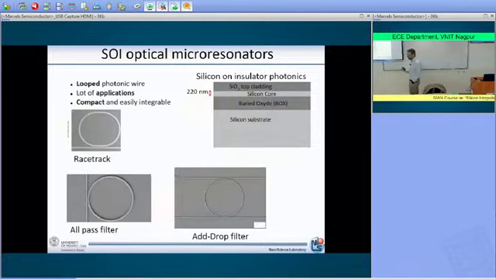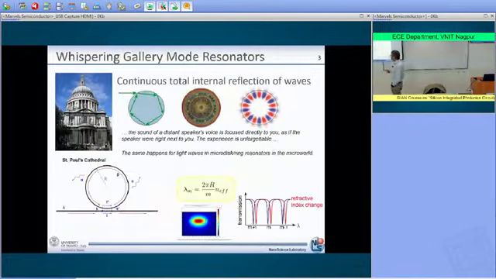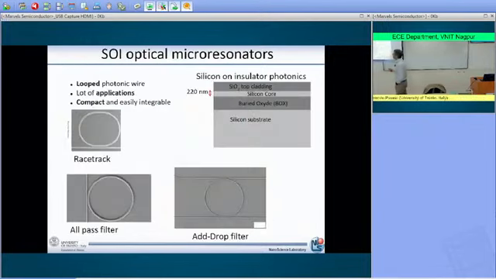In this circle, you observe the very same phenomenon that has been observed with acoustic waves in St. Paul Cathedral, which is why they are called whispering gallery modes. The looped waveguide is a microresonator. Micro because the diameter of the ring here is only a few microns.